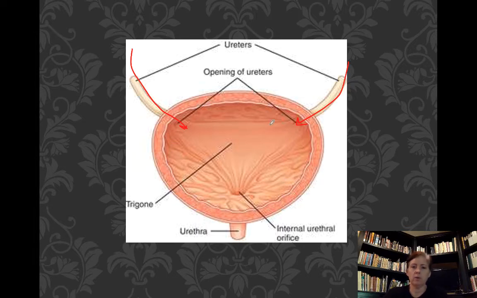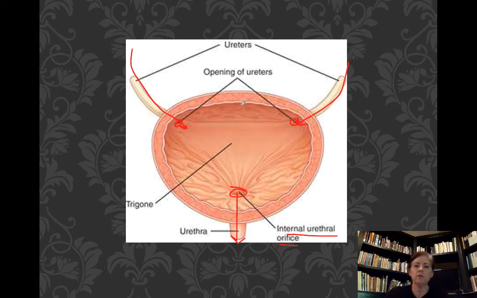And so what we see is an opening for each of the ureters. And then we see an opening at the bottom, which is our internal urethral orifice. And that's where the urethra is going to drain urine that's being stored in the urinary bladder to the outside of the body.